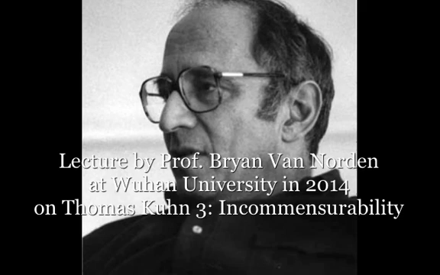Okay, so we'll talk a little bit more about Kuhn on incommensurability. So, what does he mean by incommensurability? Part of what he means is two theories are incommensurable if they don't agree on enough of the criteria, enough of the standards for judging a theory to reach an agreement.